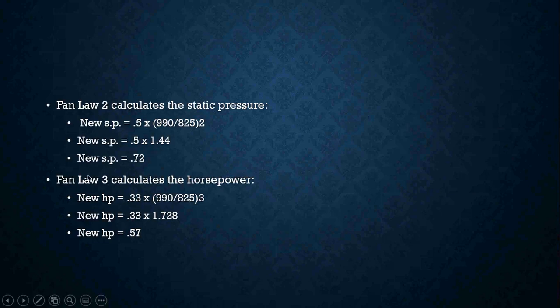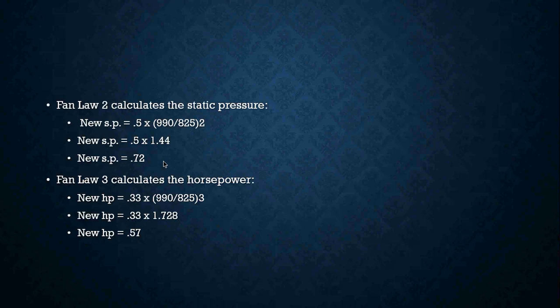And if I multiply those together, my new static pressure is now going to be 0.72 inches of water column. So my static pressure inside my ductwork is going to now have to be at that measurement in order for me to be moving the air and keeping the static pressure up inside the ductwork.